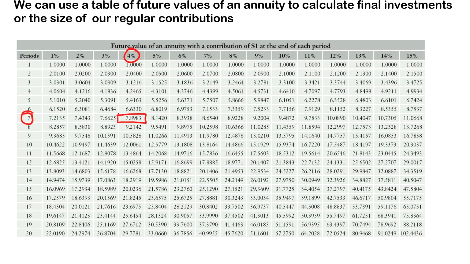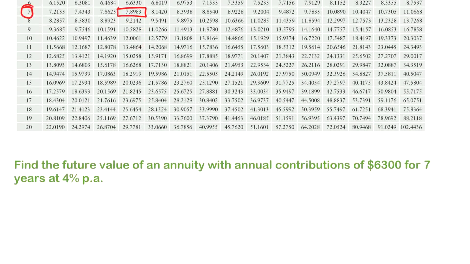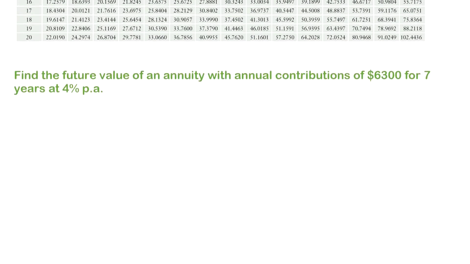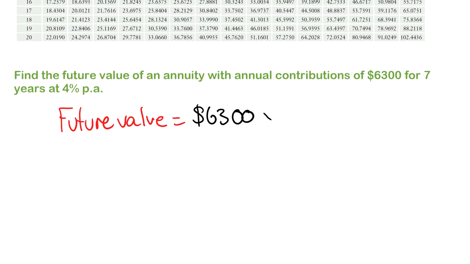Now, we would need to be investing $7.8983 each period to get our goal. So what we need to do now is multiply. Our future value is going to be how much we're investing, our contribution, so we're investing this much every year, multiplied by what we call the factor.